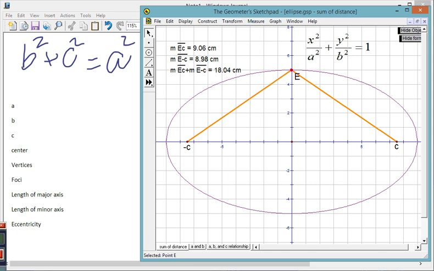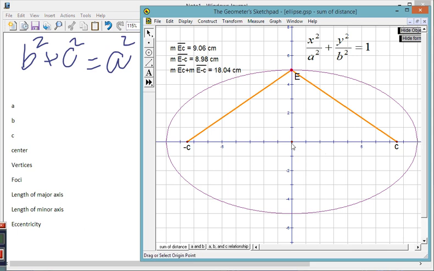The vertices, so we're looking for the actual points, we find them with A. And the foci, which are actual points, so our answers would be in an ordered pair, and we find that with C. Then the length of the major axis, which would be this length from one vertex to the other. The longest axis is the major axis. And that's just going to be 2A, because remember, from here to here is A, and there's 2 of them.